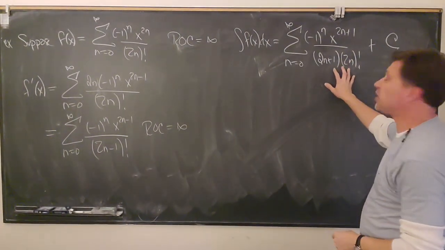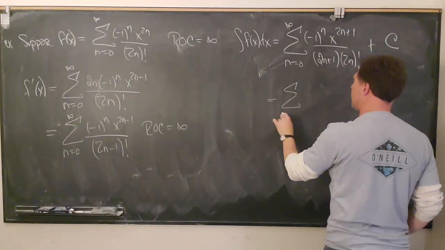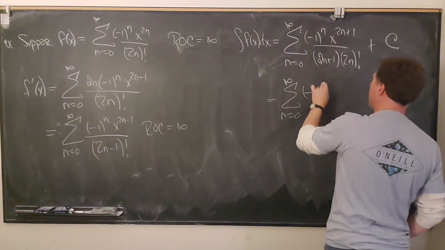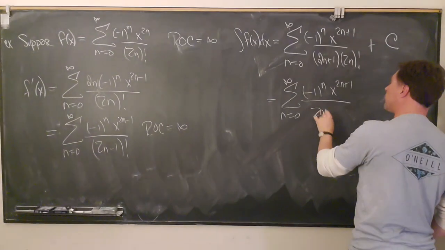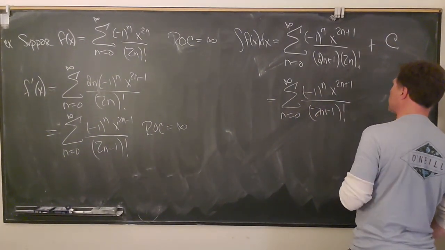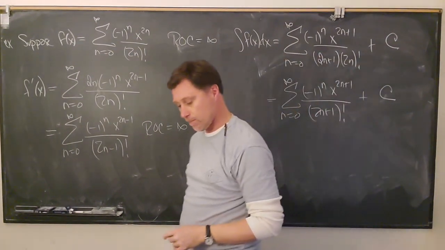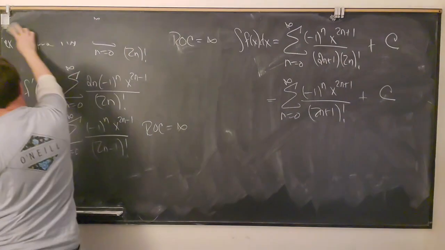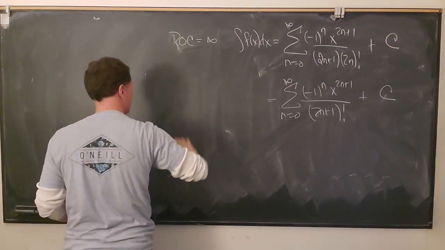And then we should notice that you can combine this. So this becomes the sum from n equals 0 to infinity, (minus 1) to the n, x to the 2n plus 1, divided by 2n plus 1 factorial, plus c. Okay, so we're going to use this technique now to find power series representations for certain familiar functions.